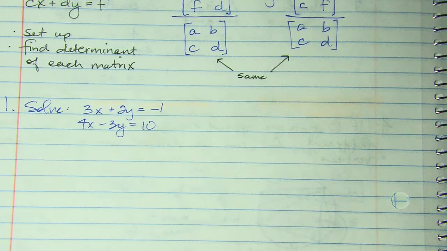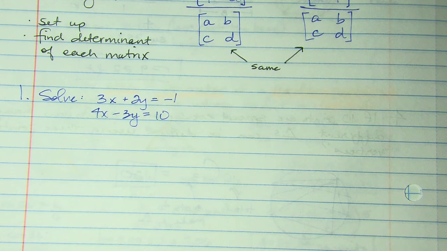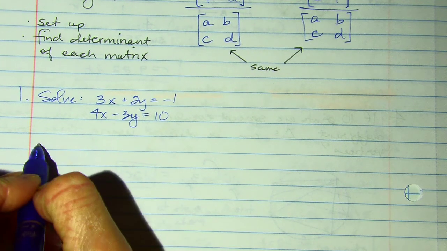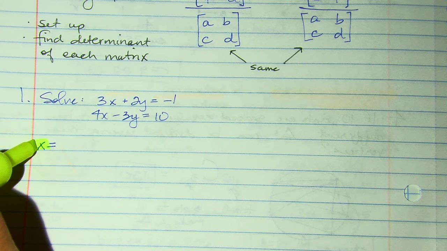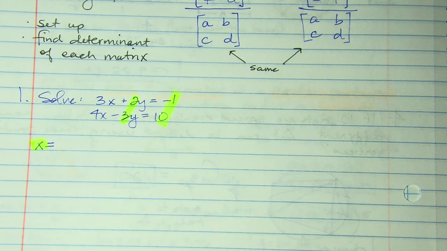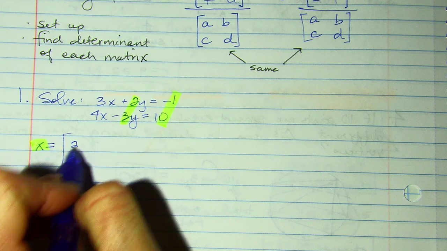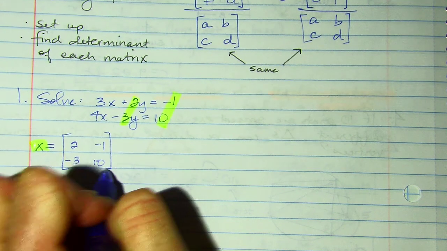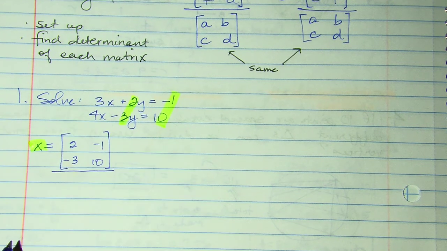All right, so I'm going to start with x. So for x, I'm actually going to use the numbers in front of y and my constants. So on the top, I have 2, -3, -1, 10. And on the bottom, we have the numbers in front of x and y.